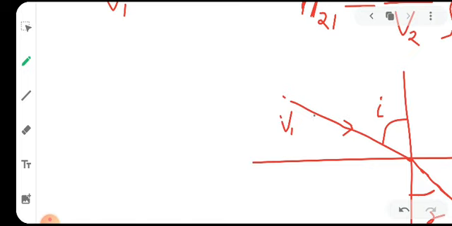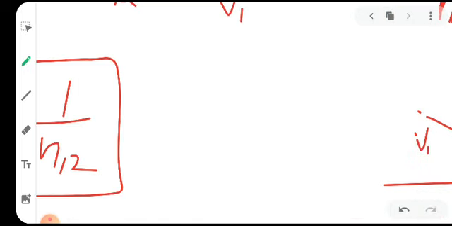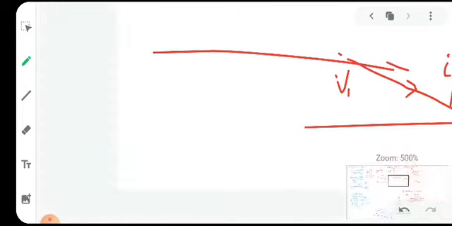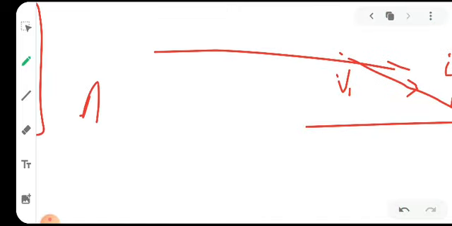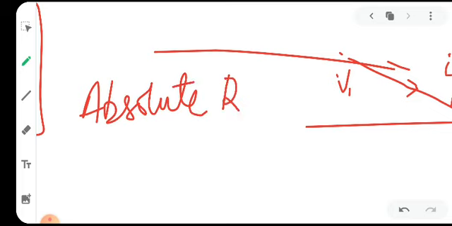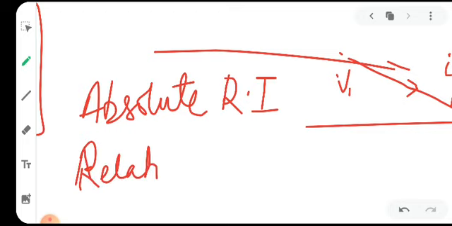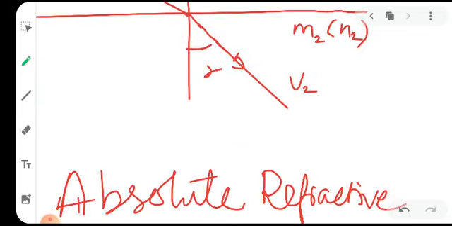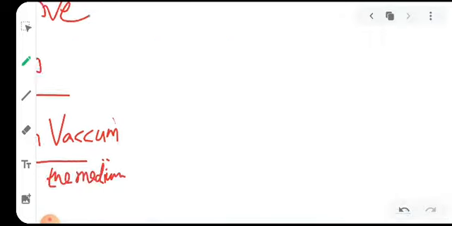So you learned two things today, and those two things were the absolute refractive index and the relative refractive index. So how do you make use of it?